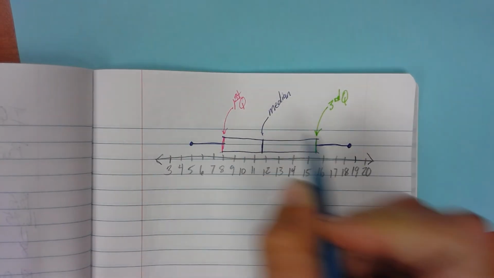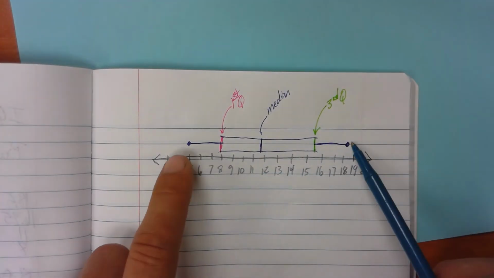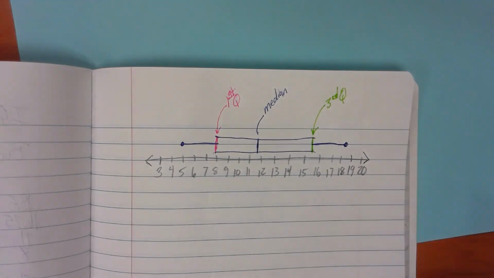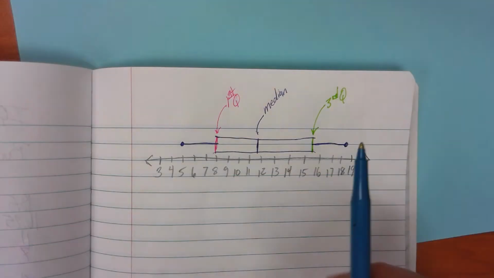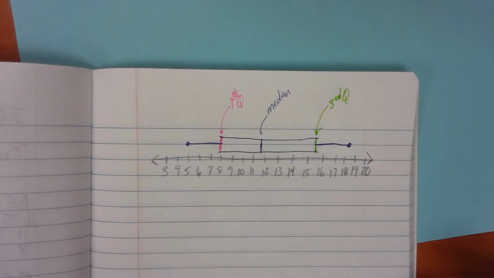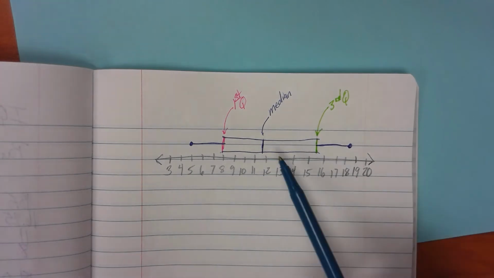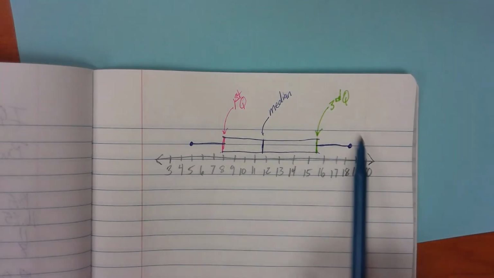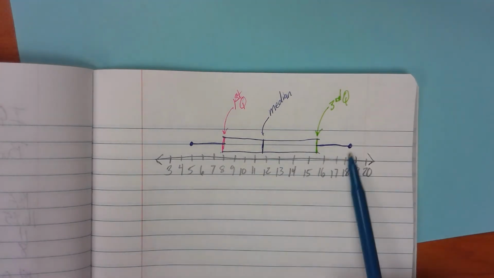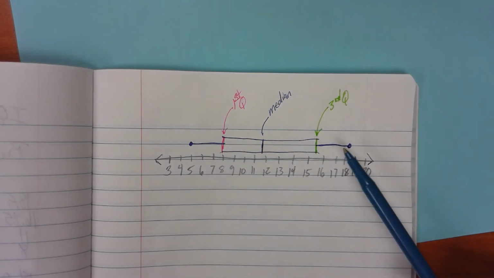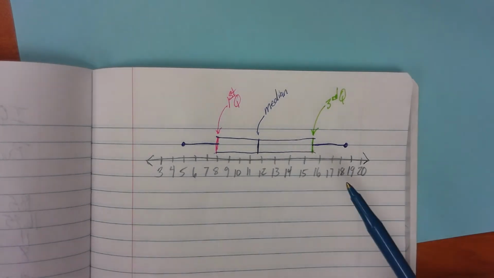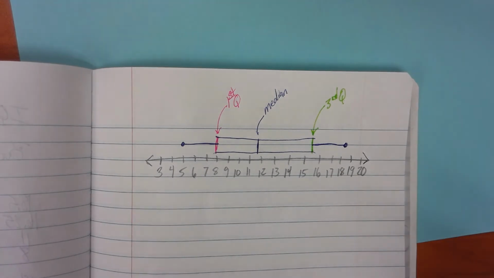So then you can see our range was 18.25 minus 5. All of our data is in here. And because most of our data is right in the middle, you can see that our box and whisker plot is symmetrical, or real close to symmetrical.